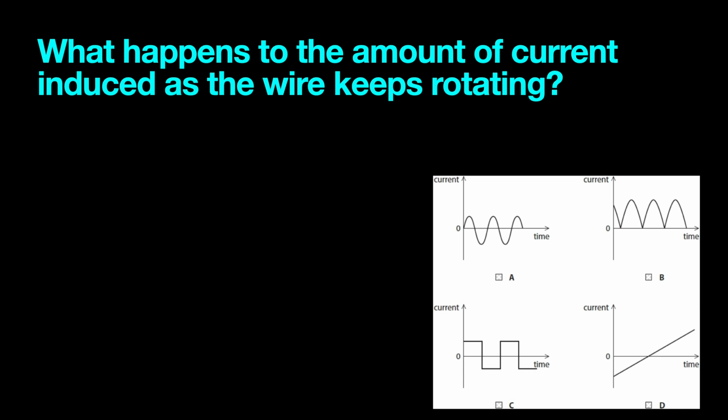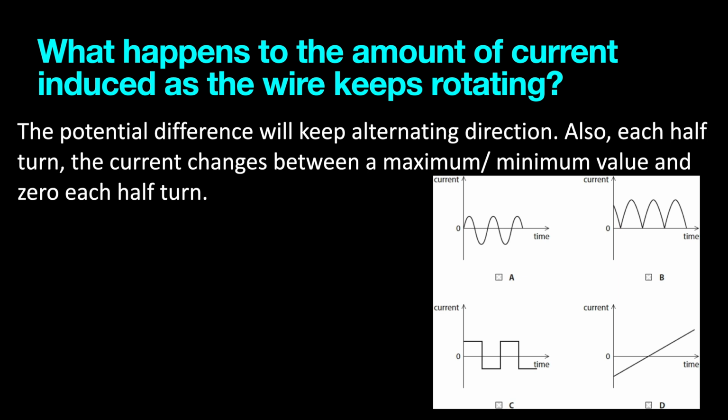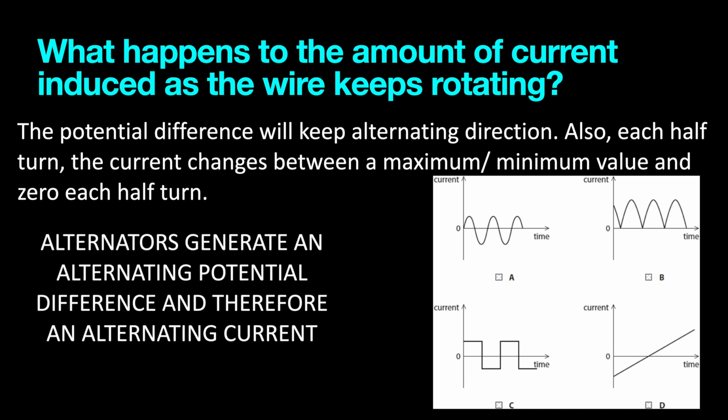It'll go from the positive side to the negative side, and this will continue. So this is characteristic of alternating current, and thus alternators generate an alternating current. This is what's shown in diagram A.